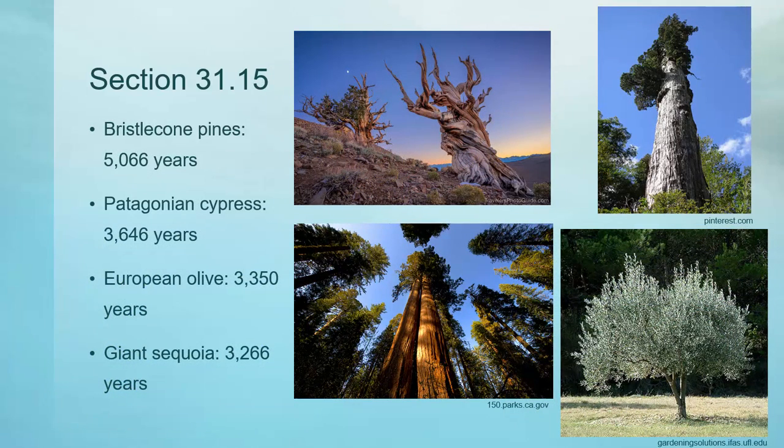Some of these reproductive cycles take a year or two, but some plants can live a fantastically long time. We're talking thousands of years, from the oldest tree in the world, the bristlecone pine, that can live well over 5,000 years, down to our own proud Californian giant sequoia, right here, that will live well over 3,000 years.